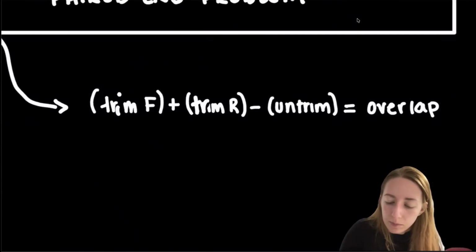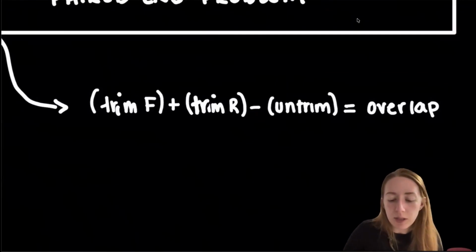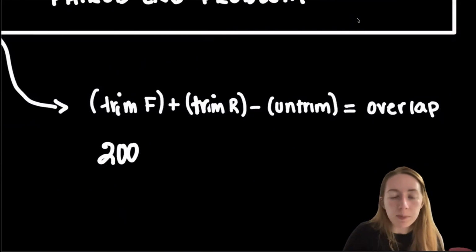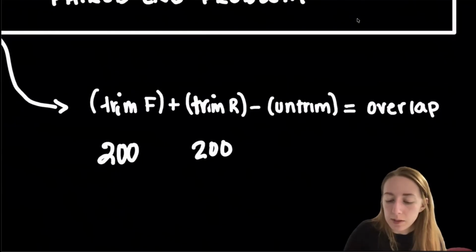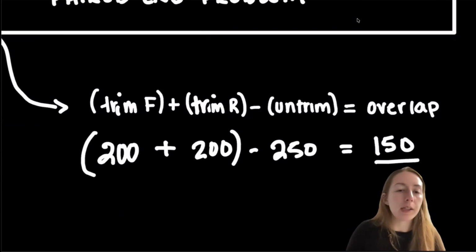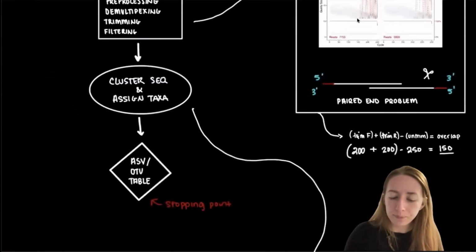So an easy way here is, if you trimmed forward strands, let's say it was originally 250, and now we trimmed it down to 200. We'll do the same with the reverse. But originally, like I said, it was 250. And so the overlap here is going to be 150. That is pretty good, right? We want something over 100 ideally.